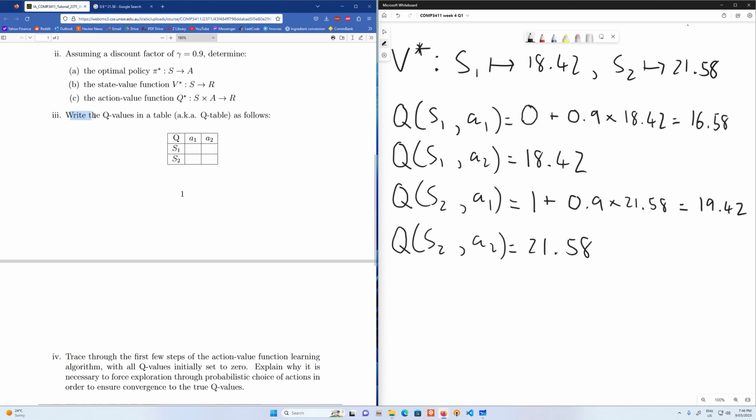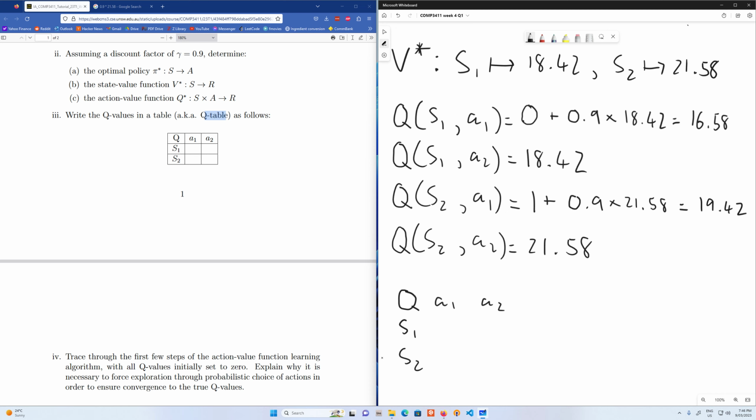part 3 of this question asks us to write the Q values into a table, also known as a Q table. So what that looks like is, just as you would expect, we copy over the table, and then we just read off the values that we calculated.